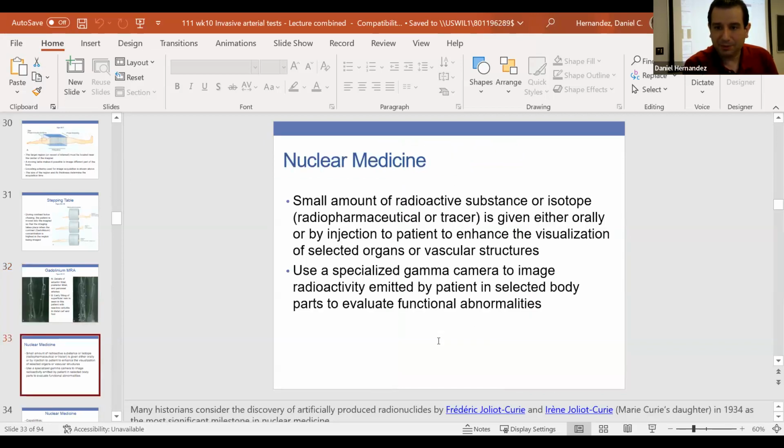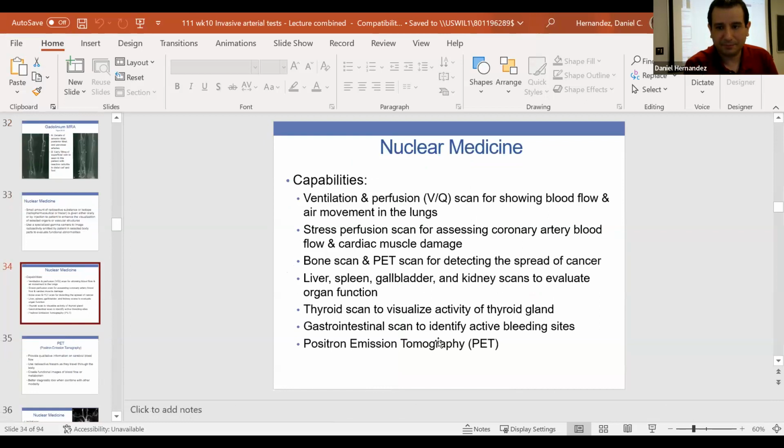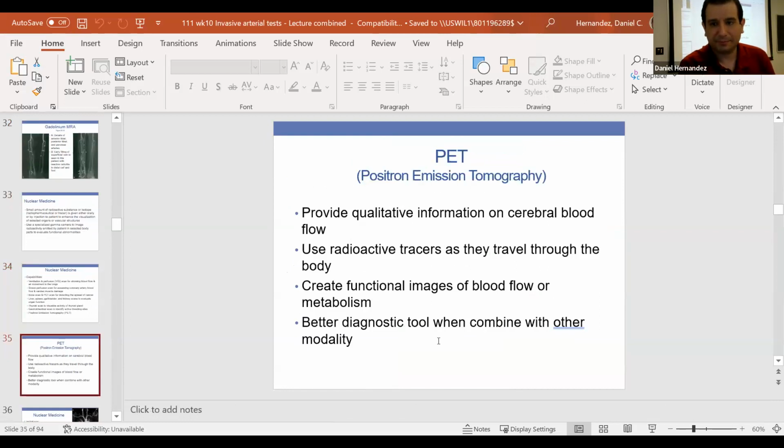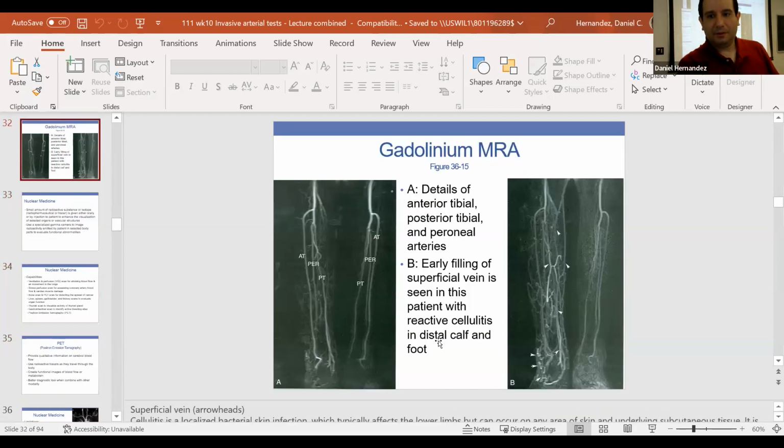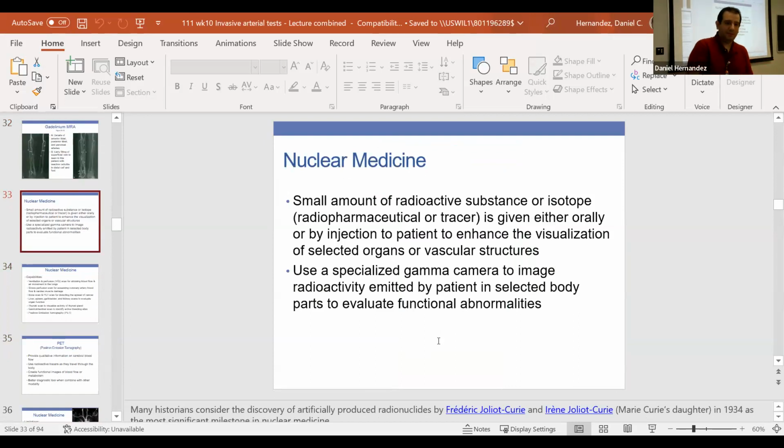Just pull out the most important things for you guys. In terms of invasive procedures, we have angiography, which uses X-ray radiation and contrast. CT, or CTA, computed tomography angiography, also uses X-ray, so it's multiple X-ray shots.